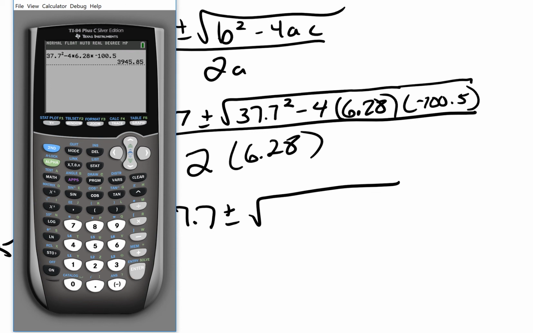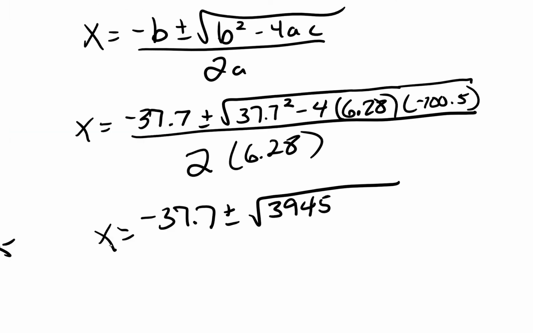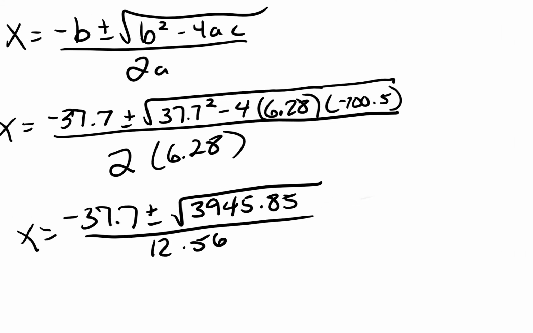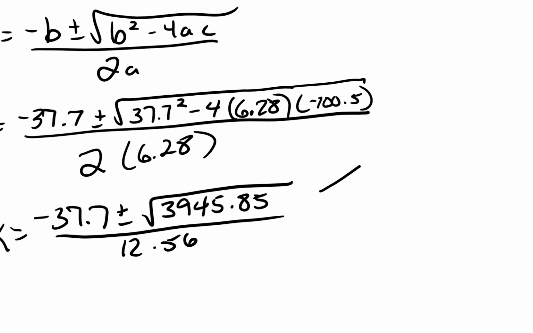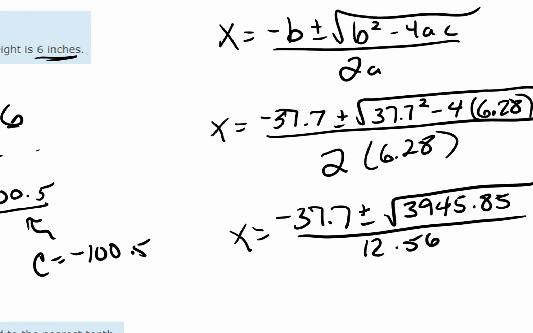I get my answer here, and that's 3,945.85 over 2 times 6.28, which is 12.56. So now we're going to do some more calculations here. We're going to split it up. We're going to do one of them where it's adding, one of them where it's subtracting, and we'll see what our answers give us as a result.